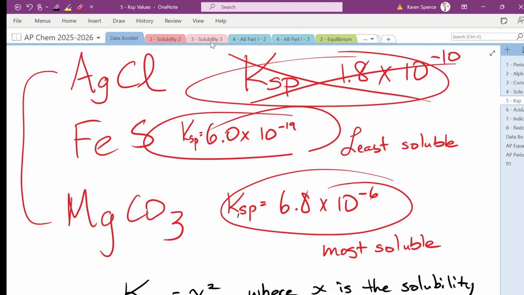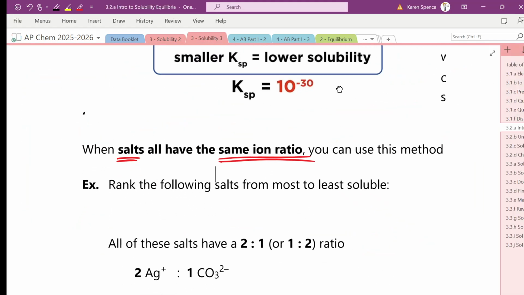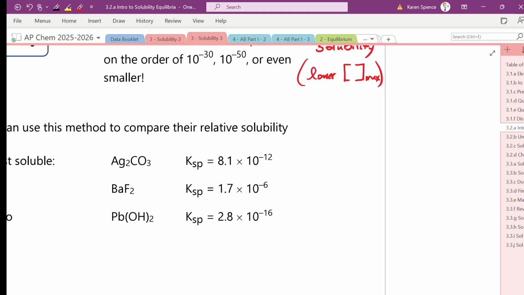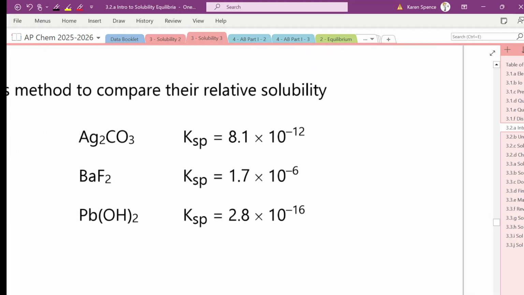All right, let's go back here. So, out of these 3 salts here, first of all, are we able to compare these 3 salts? Yes. Which one is the most soluble? Barium fluoride, that is the most soluble. Who is the least soluble? Lead hydroxide is the least soluble.